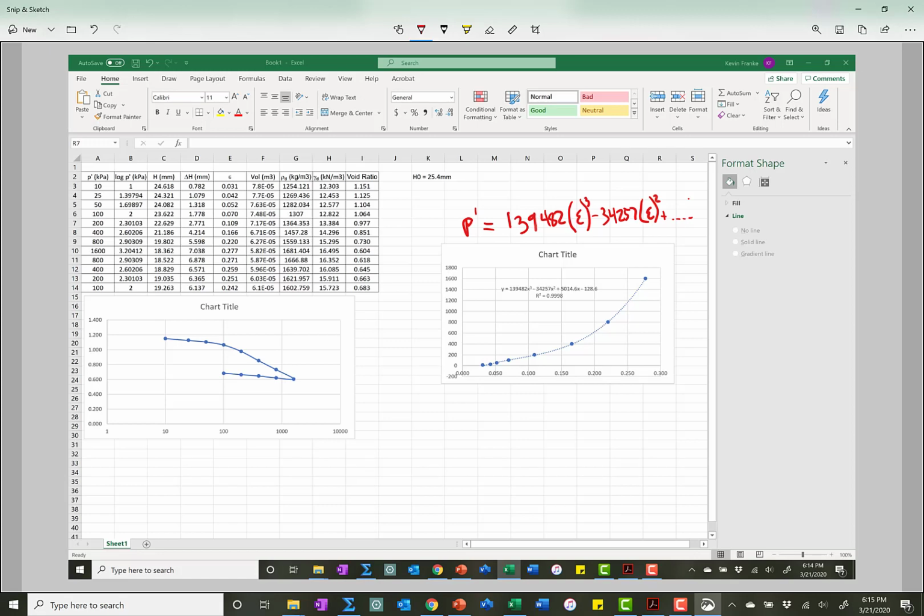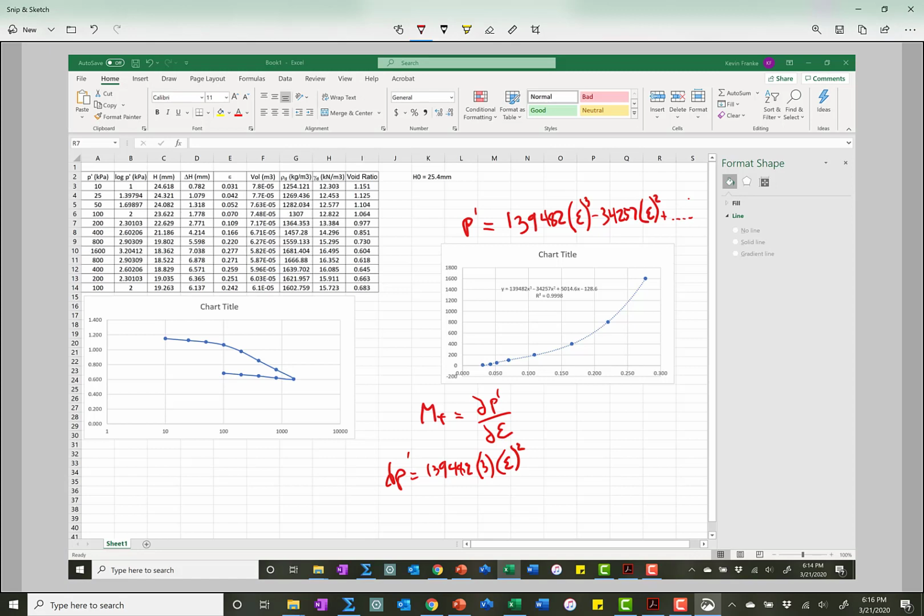Okay, so m sub t is going to equal change in P prime over change in strain. So all I need to do is take the derivative of that function right there, where x is strain and y is P prime. So d P prime is simply equal to 139,482 times 3 times strain squared.